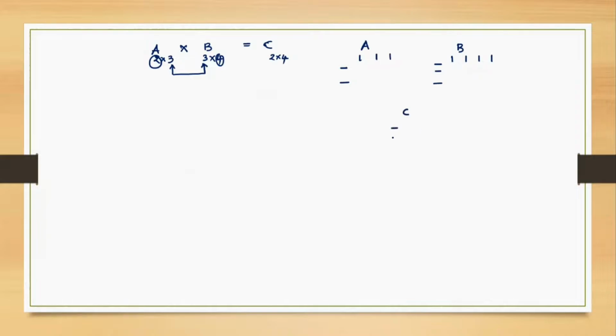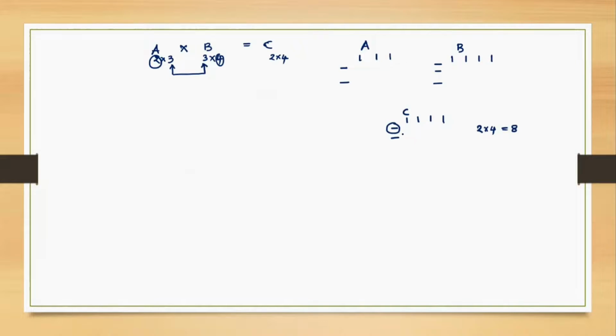It has 2 rows and 4 columns. So if I concentrate on C, the total number of elements in C is 2 cross 4. That means every row of C consists of 4 columns, that is 4 elements. C has 2 rows in total, and each row consists of 4 elements. So altogether it is 2 cross 4, 8 elements present in C.